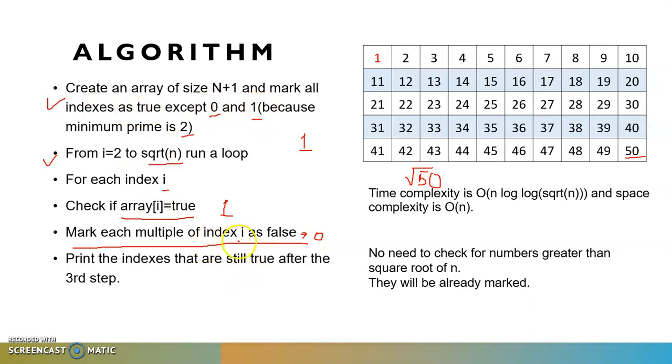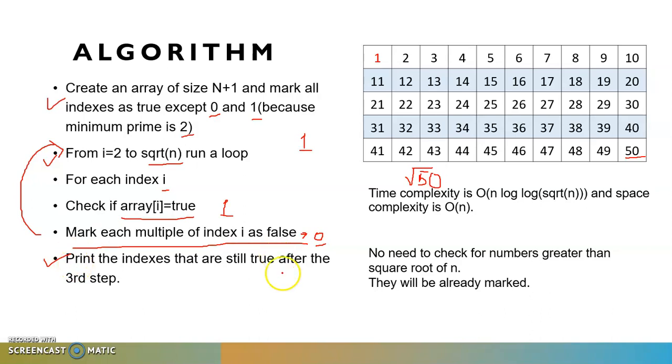So all the multiples of I, just mark them as 0, because those are not prime numbers. Then do this cycle until you reach square root of n, and after that print all the prime numbers in a list.